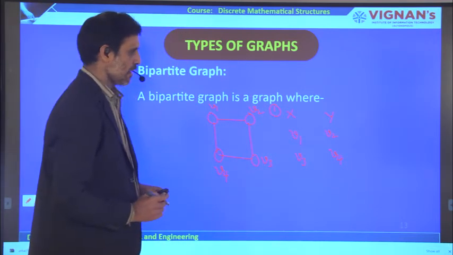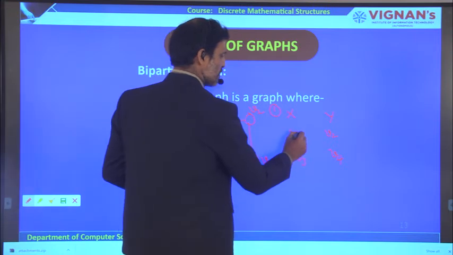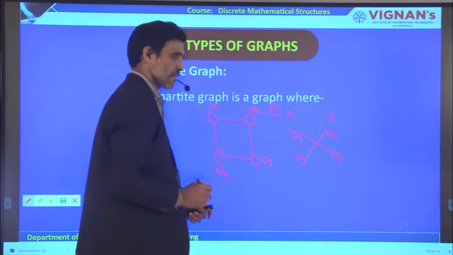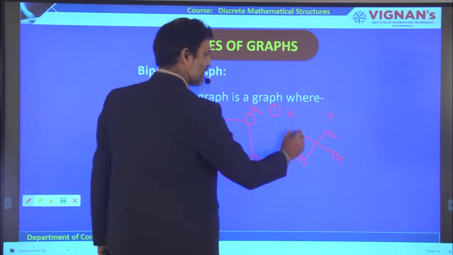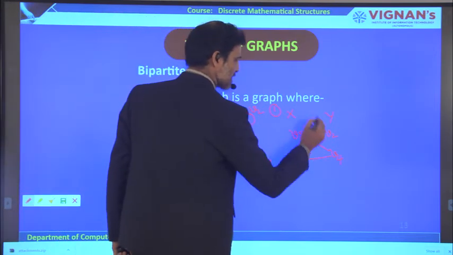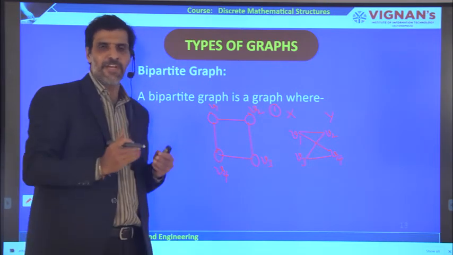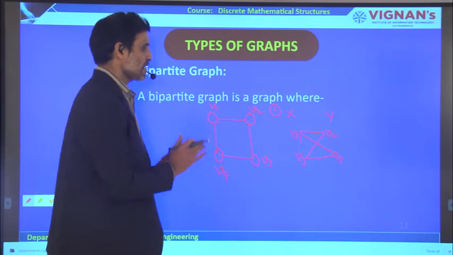Once we have done that, in the second point you need to join these 2 vertices like this and like this. So you have to join these 2 vertices, or you can join the vertices with this, or you can join the vertices like this. Anyway you can join, there should be some edge from a vertex of set X to set Y. Then that is the second point.